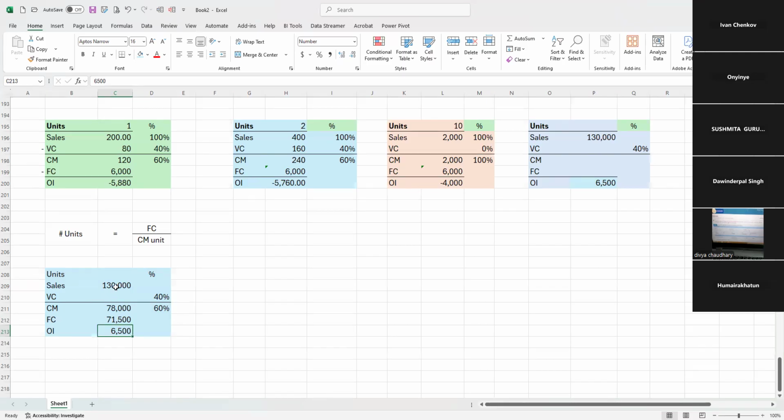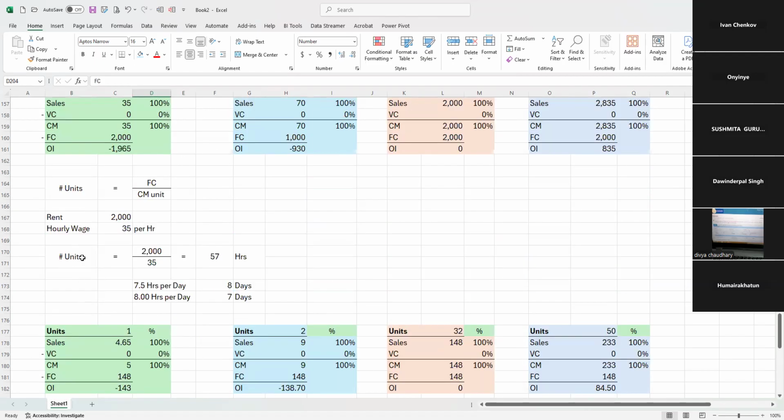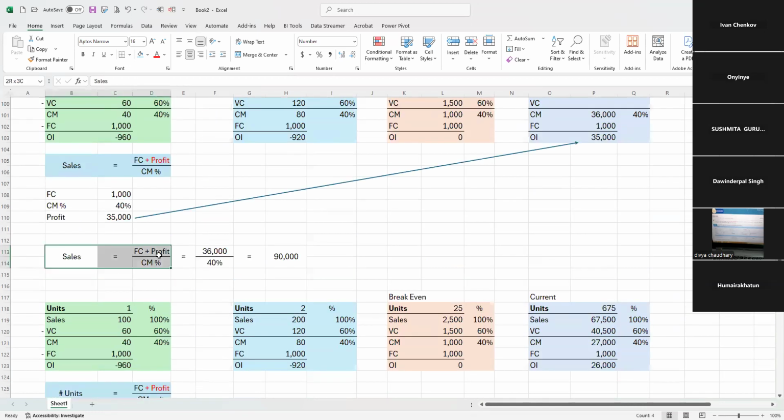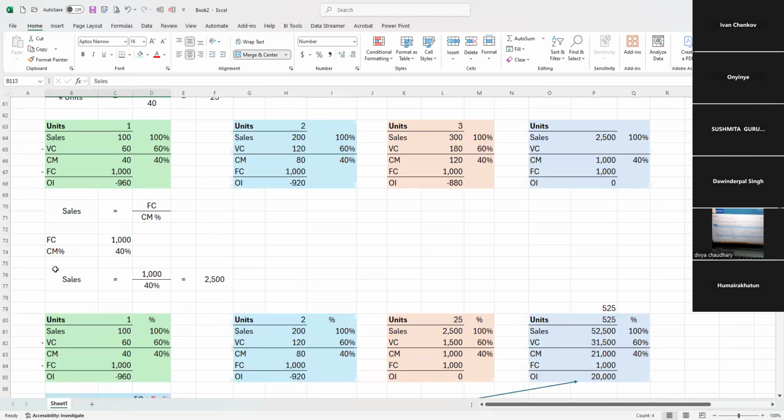Now, with sales and contribution margin, you won't be able to find the number of units, but can you find me the sales by using this formula? And after that we can use this formula. No, not this formula. We're chasing this formula.